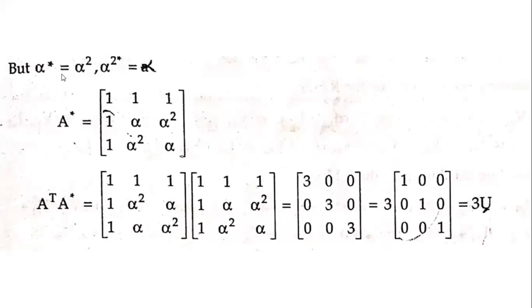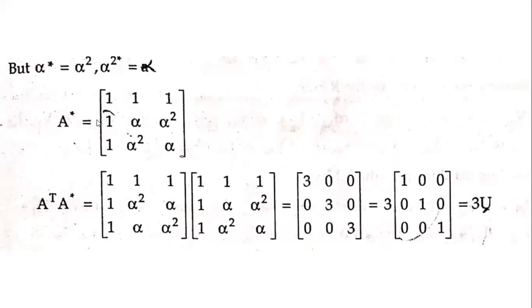First, alpha conjugate is equal to alpha square, and alpha square conjugate is equal to alpha.